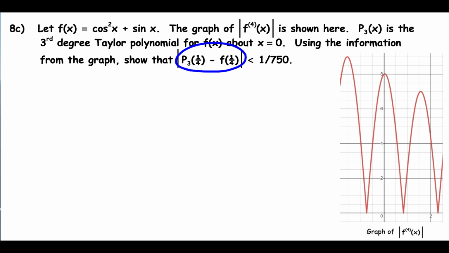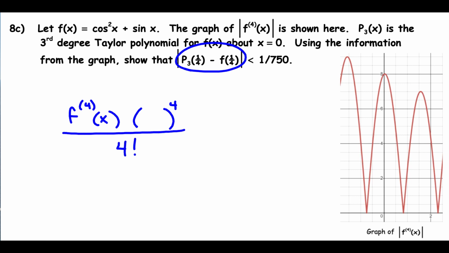It is the fourth derivative, remember, that's how we notate that, times x to the fourth over 4 factorial. Of course, x is going to be 1/4 because that's what the problem has called for, and that's what I used in my other explanation.